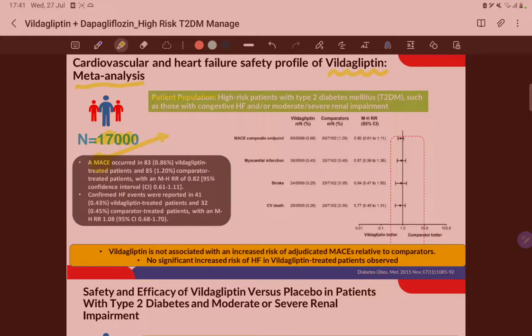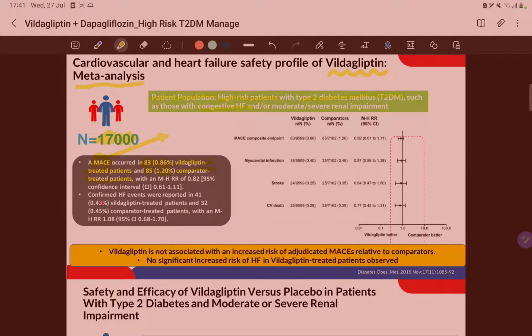was given to high risk patients with type 2 diabetes mellitus, such as those with congestive heart failure and moderate to severe renal impairment, right? You can see MACE occurred in 83 patients. It was 0.86% with Vildagliptin treated patients, and 85, that is 1.20%, in comparator treated patients, right?